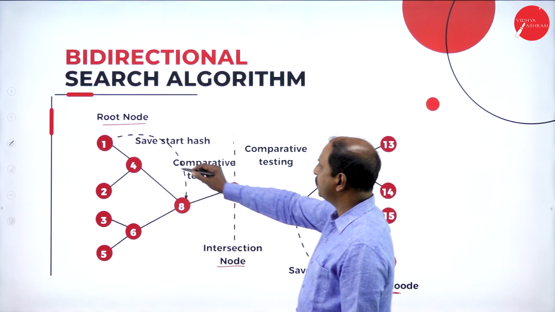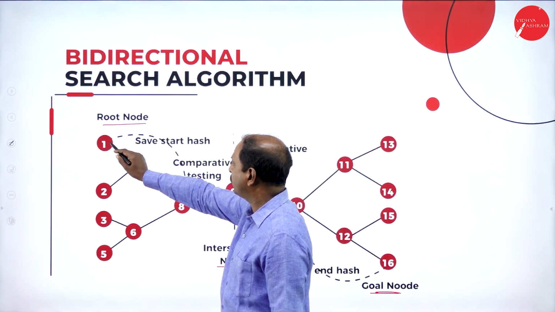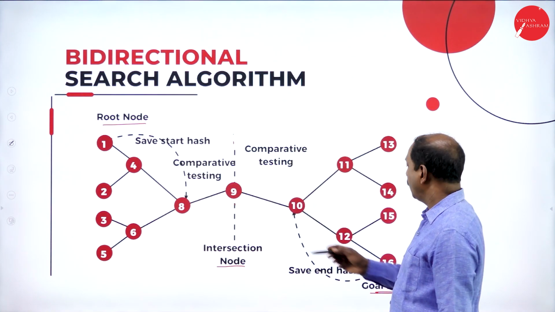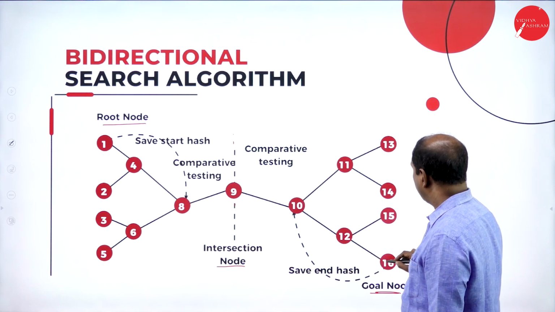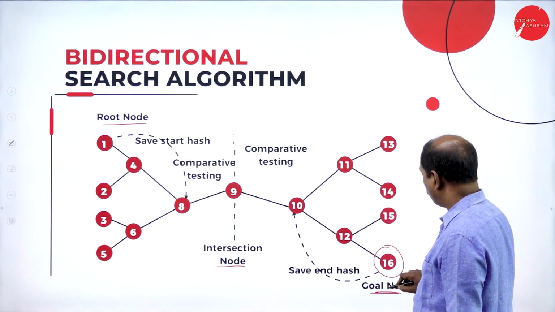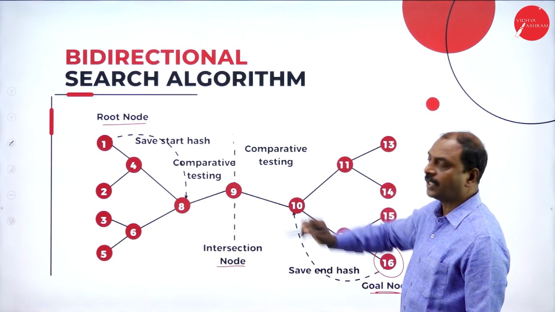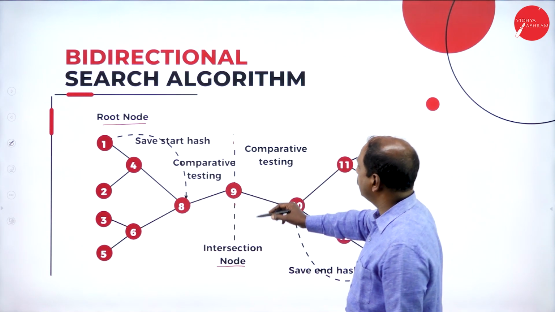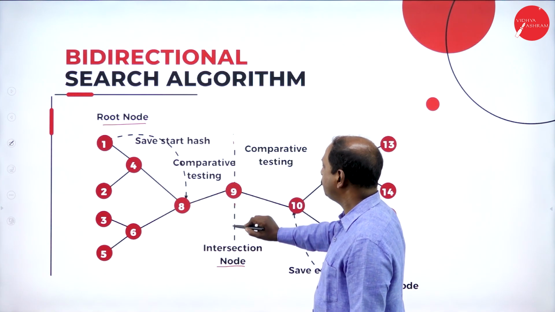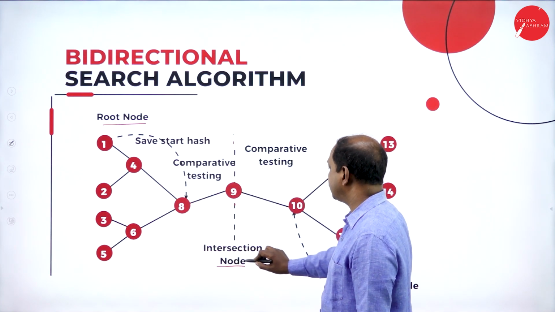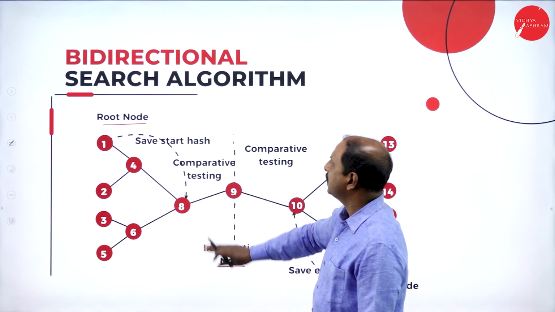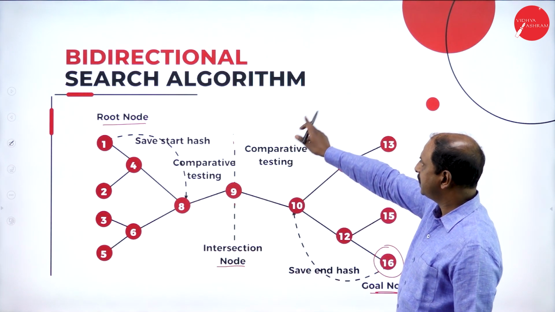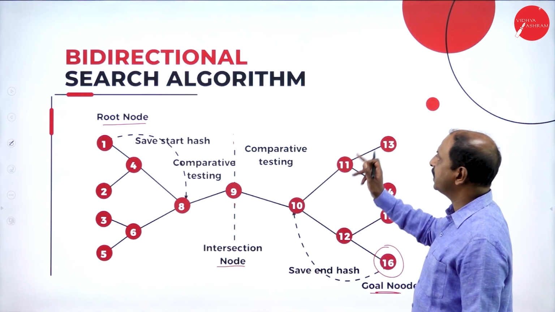In one subset it searches from the root node moving towards the goal node, and in the other subset it searches from the goal node moving towards the root node. At a particular stage they intersect at this point, called the intersection node. At this stage the algorithm stops working. So this is the definition of the bidirectional search algorithm.